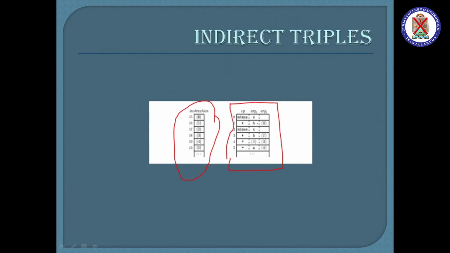That is like a cache memory representation. Already used data will be set in the indirect triple data. An index will be kept, so it can move easily without searching the whole data. That's the main advantage of the indirect triples: it provides a listing of pointers to the triples.